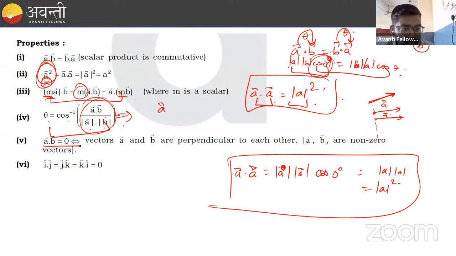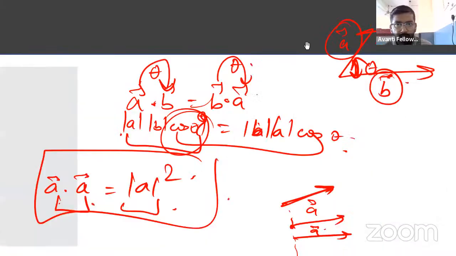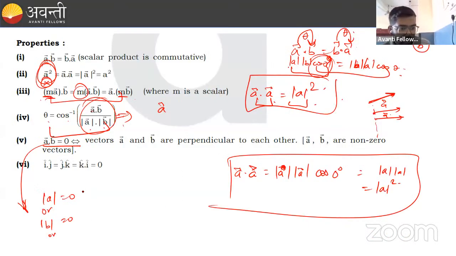If a bar dot b bar is 0, there can be three scenarios. First, either the magnitude of a bar is 0, or the magnitude of b bar is 0, or theta can be equal to 90 degrees, right?